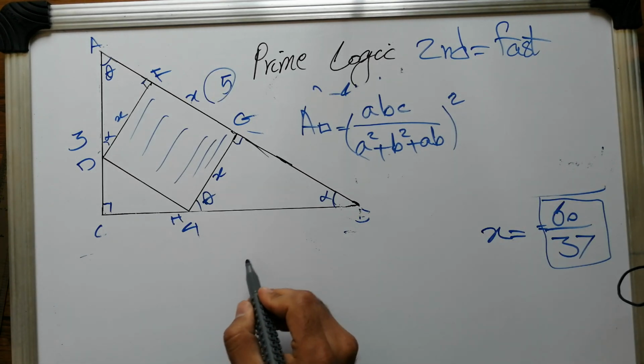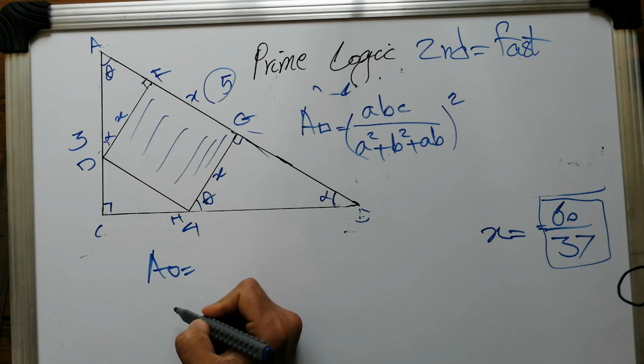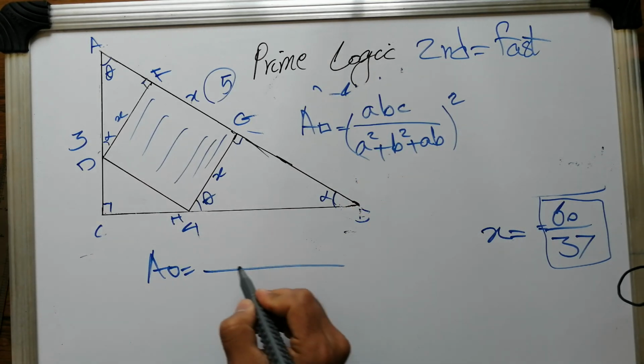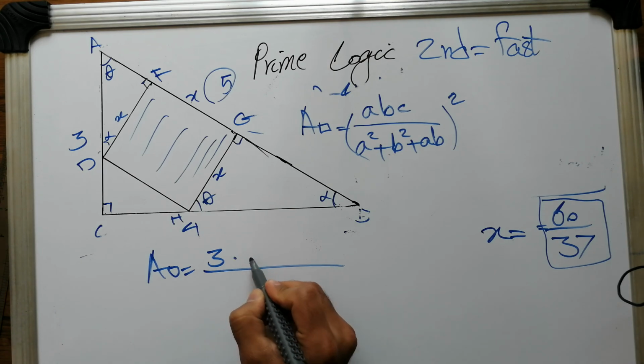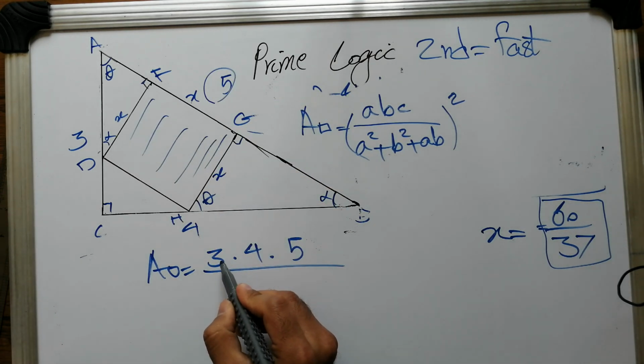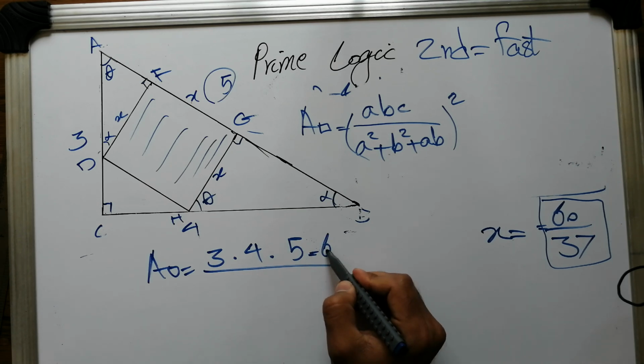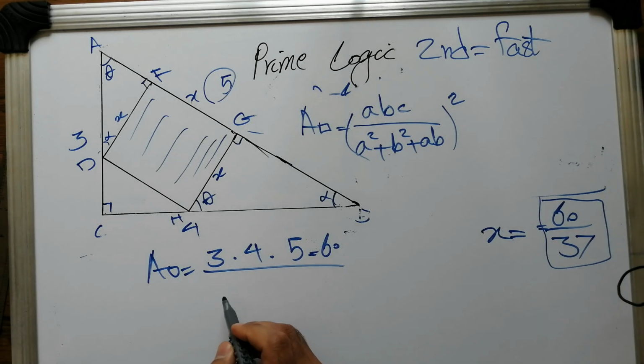So let's substitute the values here. Area of this square equals A times B times C. So 3 times 4 times 5, right? C was 5. So this is 12 times 5 is 60. So we found 60 here.